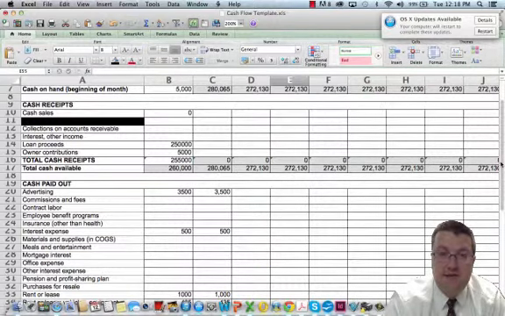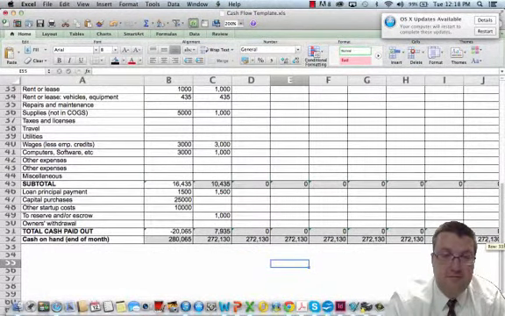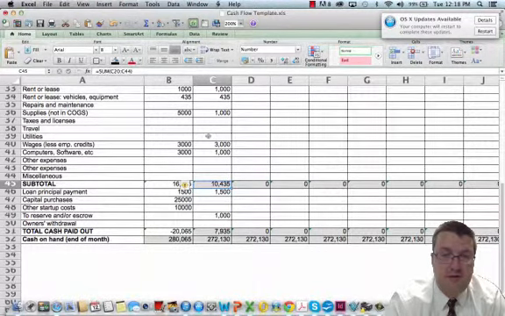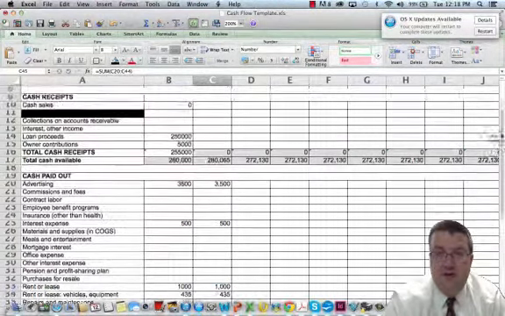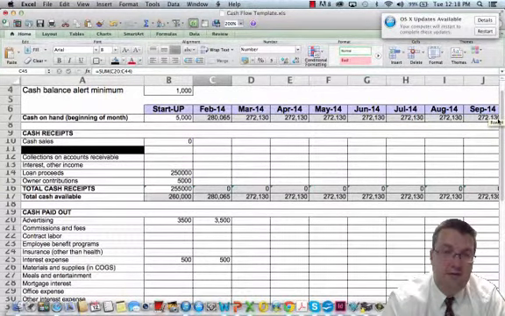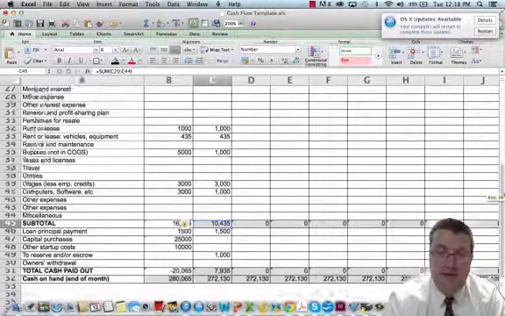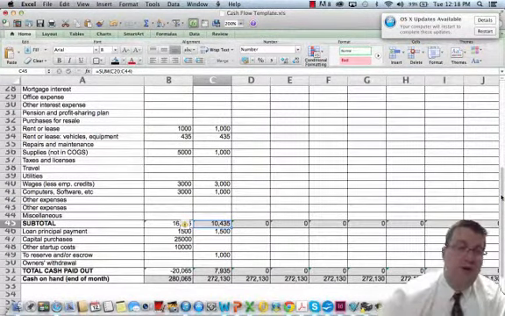Well, now it's less than what we had before. And so what you're going to do is continue to do this for each individual month. And then at the end, you'll identify your total cash flow.